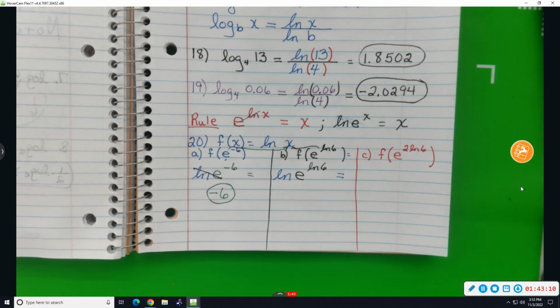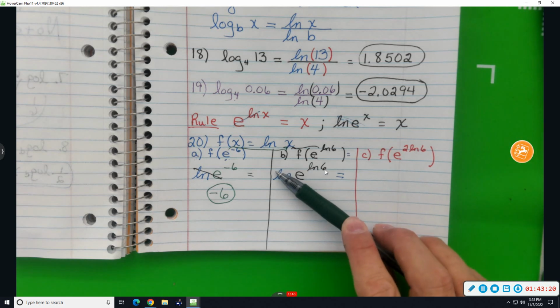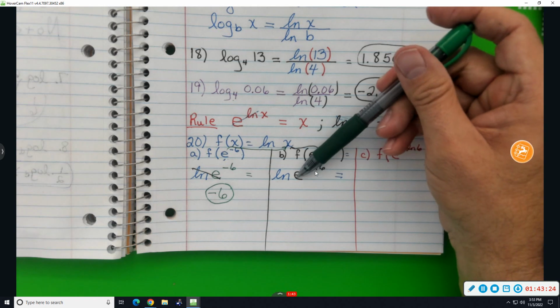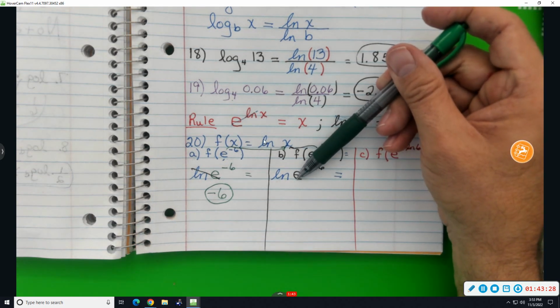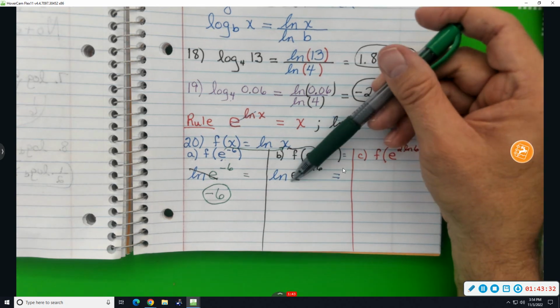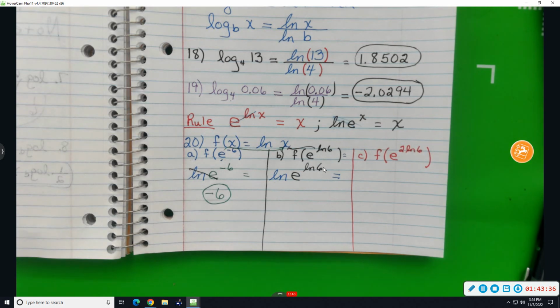There's a one-to-one correspondence when you're canceling out these inverse functions. We have ln e, that could cancel out, leaving us with ln 6. Or the black e to the ln could cancel out, and I would have that blue ln and a 6. So either way, you're left with an ln and the 6.